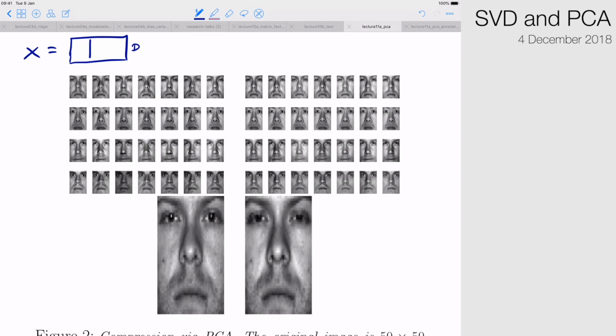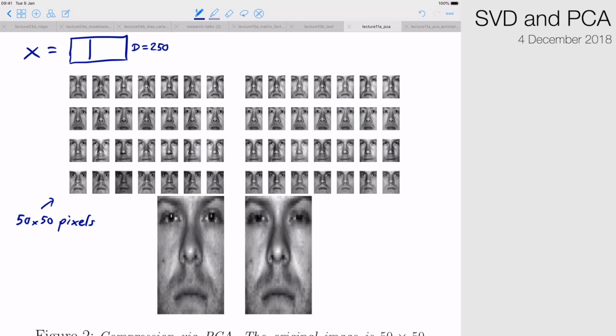For one image, I have D features. The features are the pixels. Every image has D pixels, and here D is 2500, because these images are, let's say, 50 by 50 pixels. So one image is one column in my X matrix.